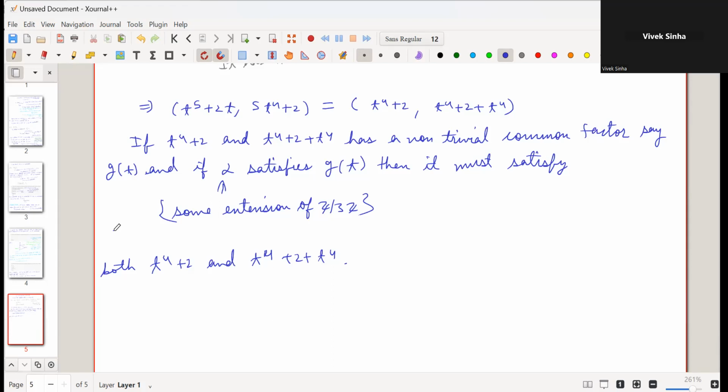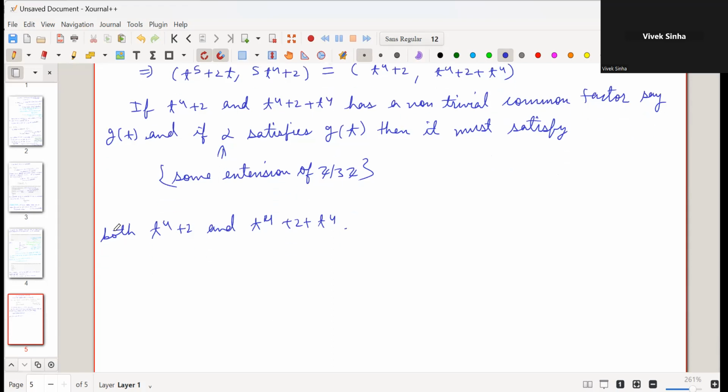That also we know. So for any root of GT, it will satisfy T^4 + 2 and T^4 + 2 + T^4 also. This implies it will satisfy their difference also.